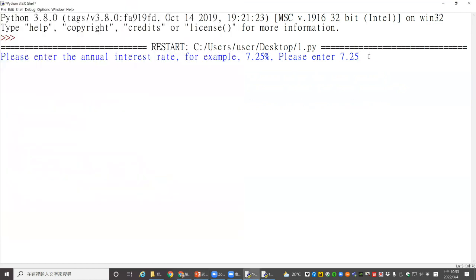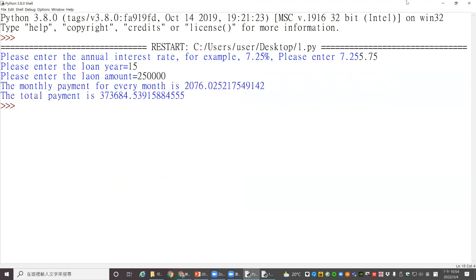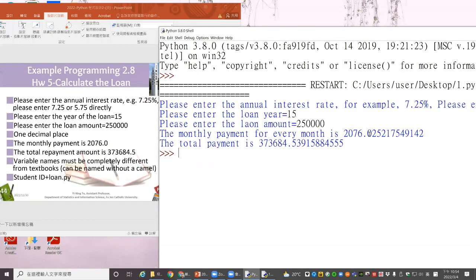Okay, we try 5.75. It's not very clear. Maybe I will use the equation here, it is better. And how many years? 15 and 250,000. So the final result will be just like this, right? I think the answer is correct.